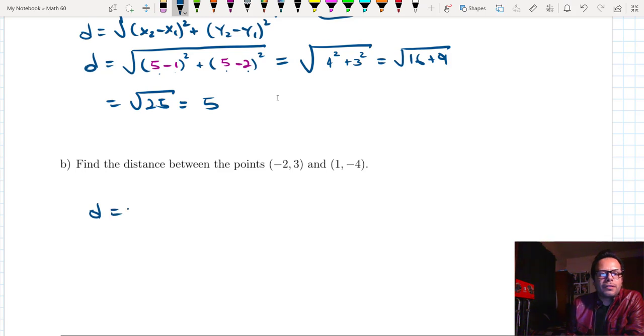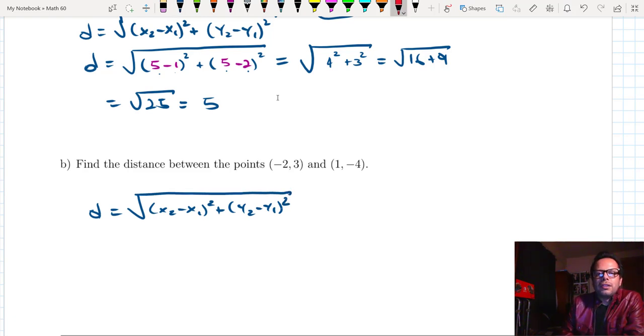D equals the square root of x2 minus x1 squared plus y2 minus y1 squared, in which this is x1, that's going to be here.